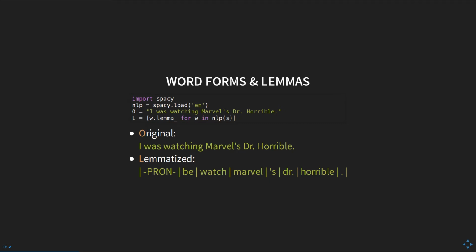And this process is called lemmatization, so it doesn't consider the ways that we're altering the words by making them past tense or by changing anything else about their form.